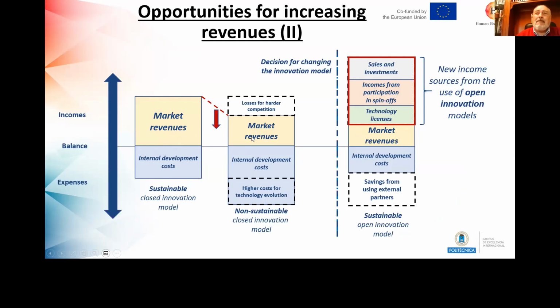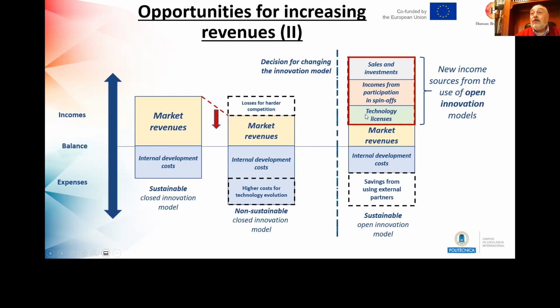But today, due to harder competition, and because technology evolution means that you need to make investments in new machinery every time, the problem for many companies is that if they like to do everything internally, the market revenues will be lower than expenses. And this is not sustainable. The only way is just to be able to increase the possibilities of revenues from other sources.